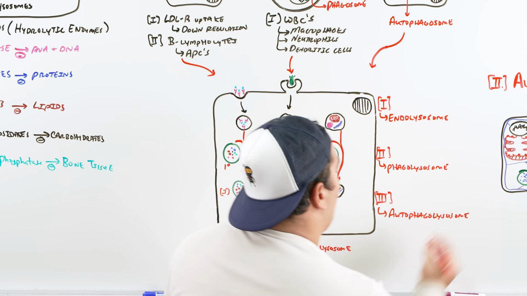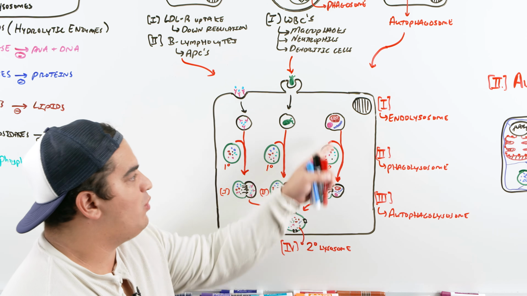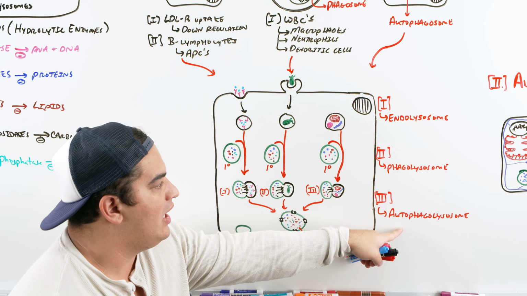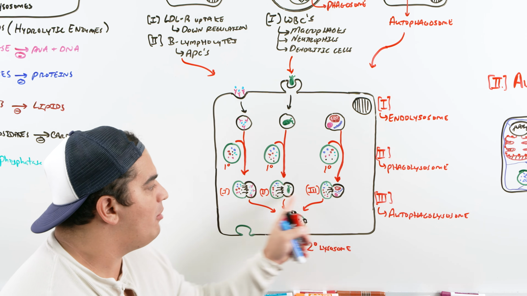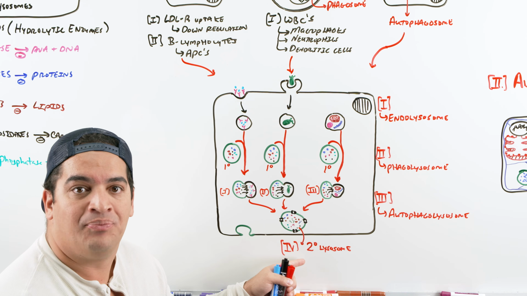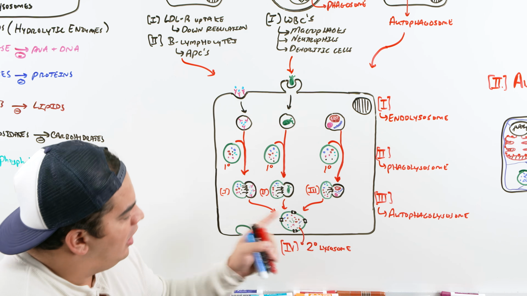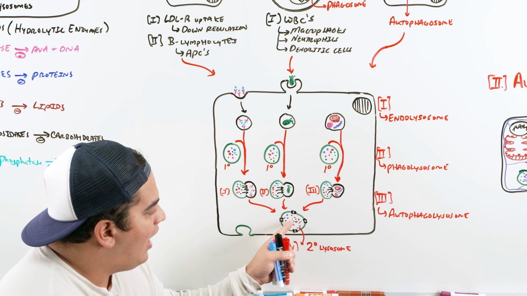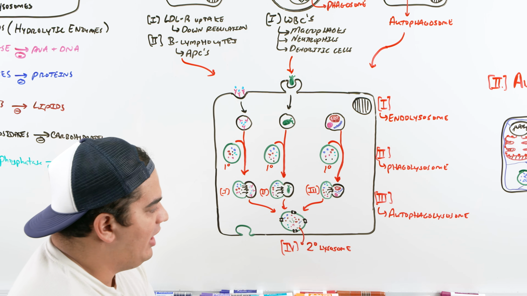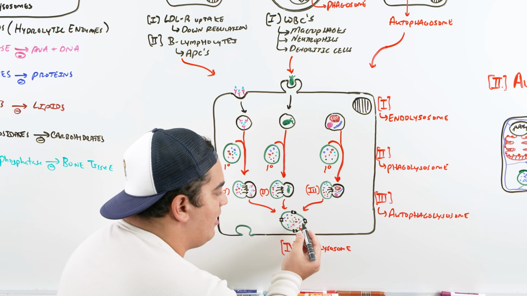Okay, so with all of these, we fused each one of these things and formed these intermediates. After we formed these intermediates, they broke down all the macromolecular material and formed a secondary lysosome. The question then comes, what can we do with all this residual material? Well, I could take proteins and break them down into amino acids. I could take lipids and break them down into fatty acids.